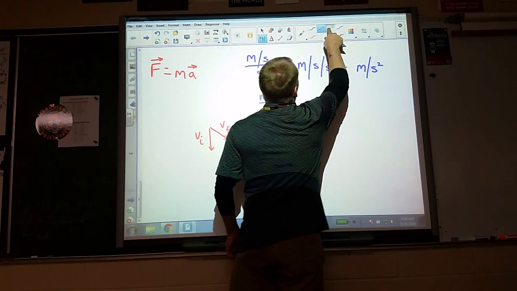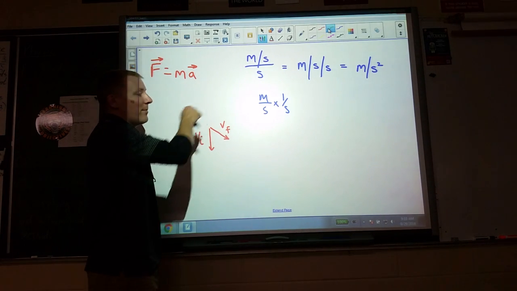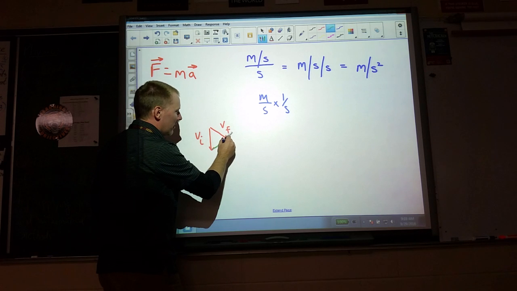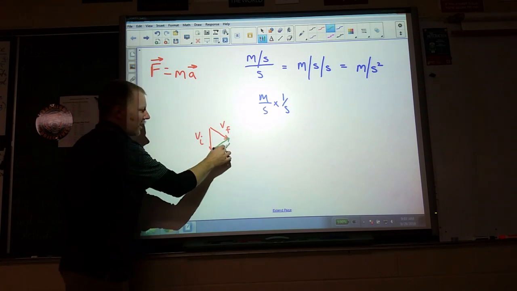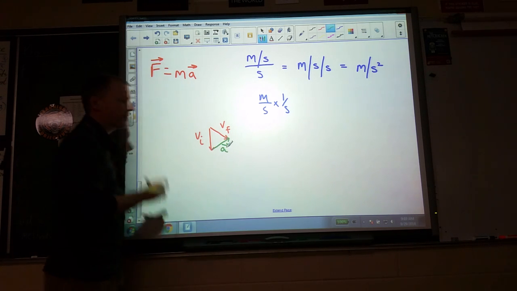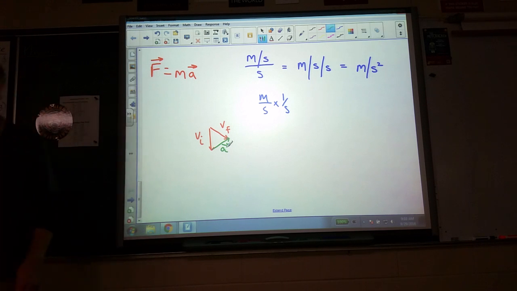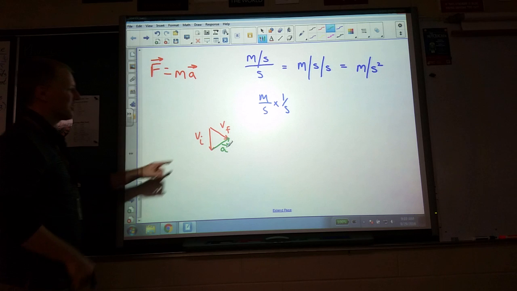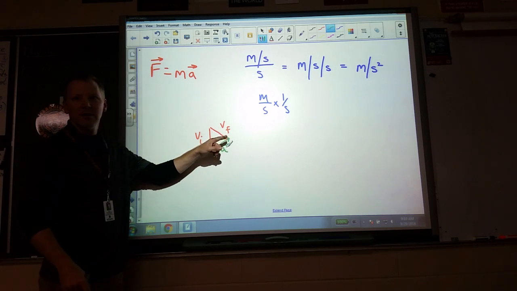My acceleration is the thing that makes it go from one to the other, from initial to final. That's what acceleration is. It's the vector that gets it from one to the other. We're not going to treat it that way. I just present it that way, so another way to think of the acceleration, and especially in relation to velocity. But that's the acceleration due to the force that I'm applying through the string that's causing the velocity to change.